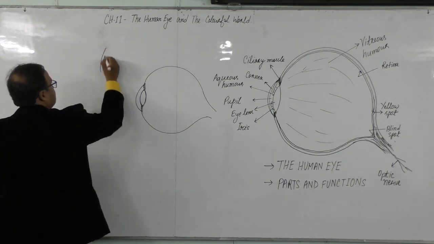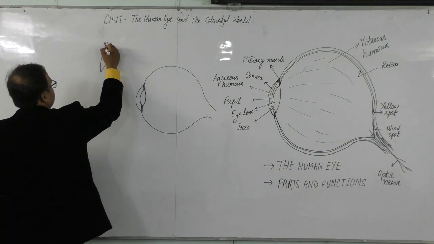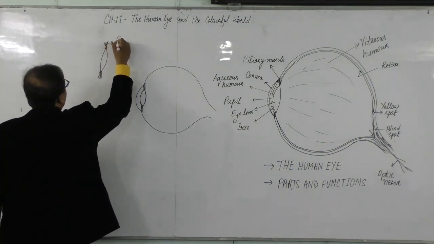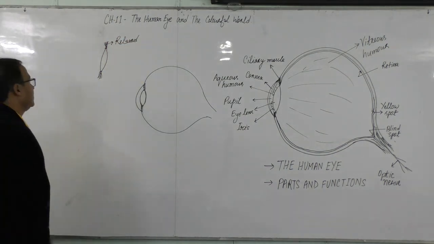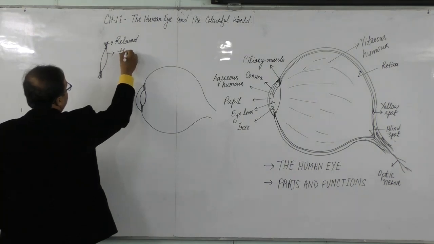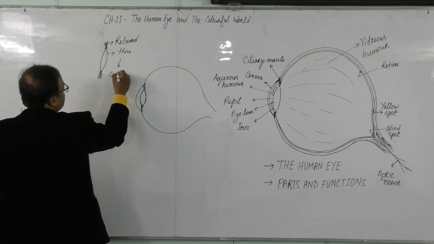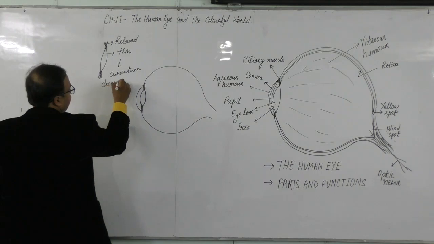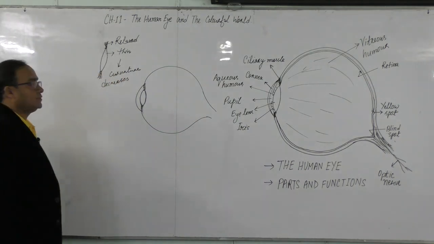The eye lens becomes thin when the ciliary muscles get relaxed. जब ciliary muscles relaxed state में होगा तो लेंस थिन हो जाएगा, और लेंस थिन होने से its curvature decreases. इसका curveness कम हो जाएगा.